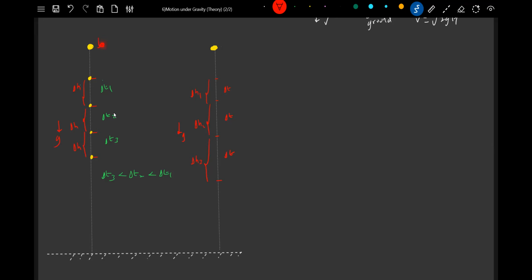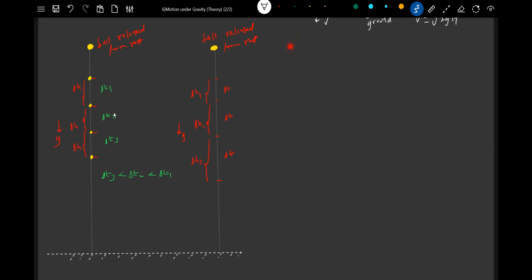There's a body or a ball, you can write it. Or you can throw any stone, something, you release it from rest. Ball, release from rest. And there's a basic motion that takes place here. So therefore, what are the conclusions we can make here? Now, regarding velocity, what we can say is the velocity will keep on increasing here.